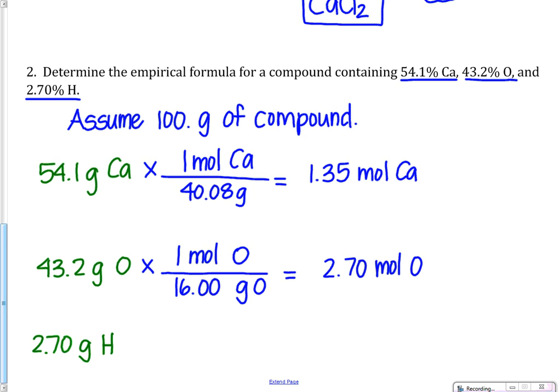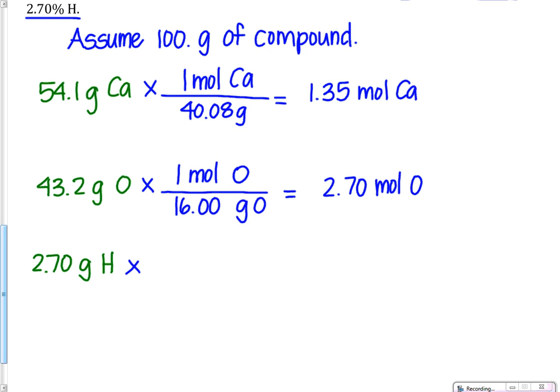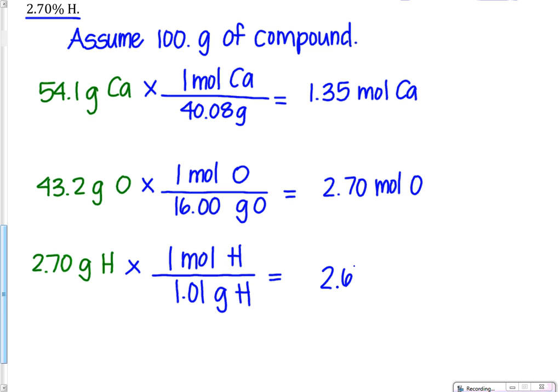And then our last step is to do the same thing for the hydrogen. When we look up hydrogen on our periodic table, 1 mole of hydrogen has a molar mass of 1.01 grams. And so when we do that math, we should get 2.67 moles of hydrogen.